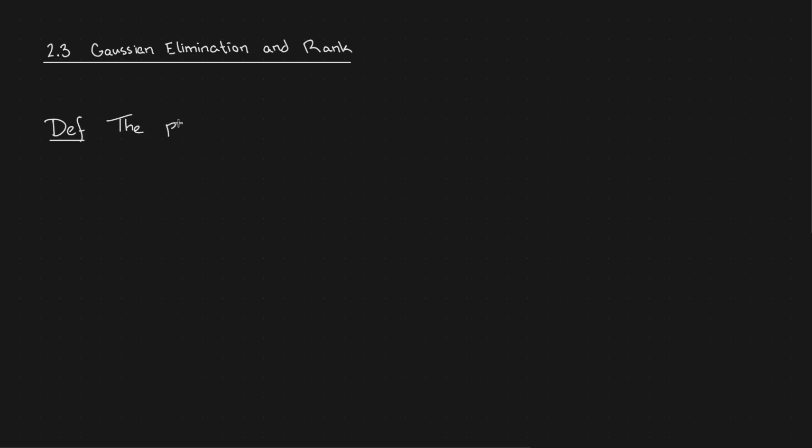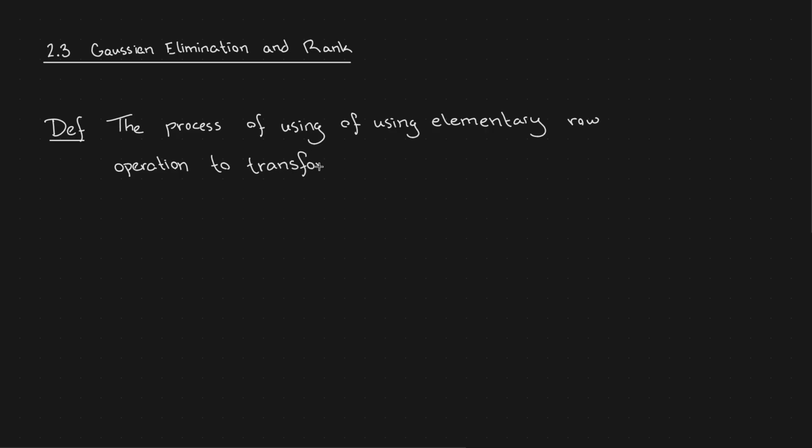The process of using elementary row operations to transform a matrix to row echelon form is called Gaussian elimination.